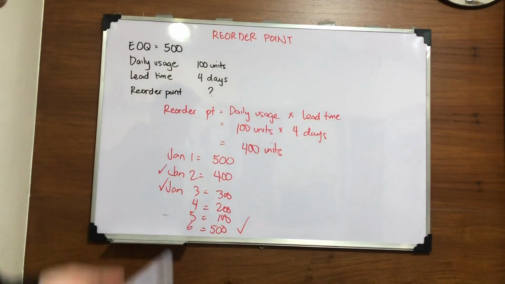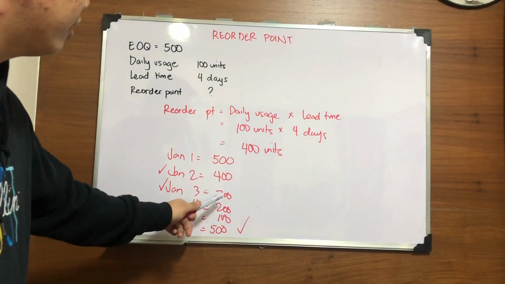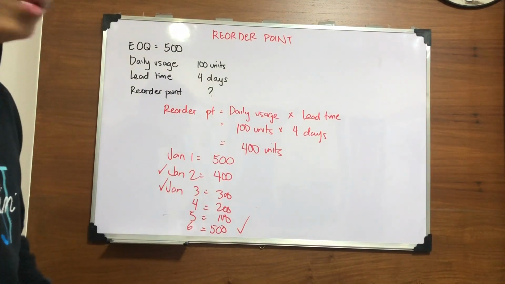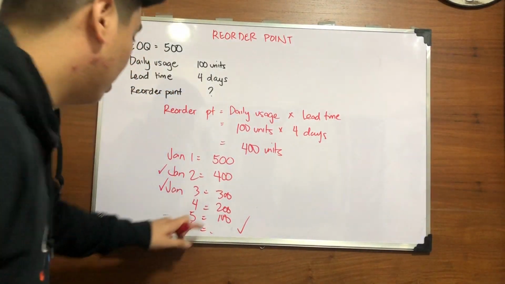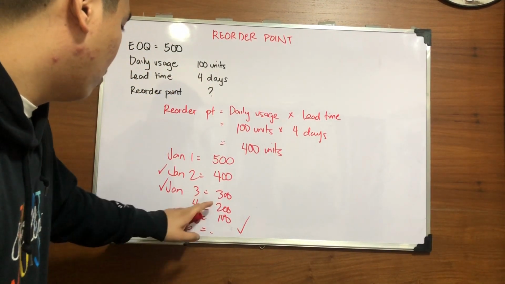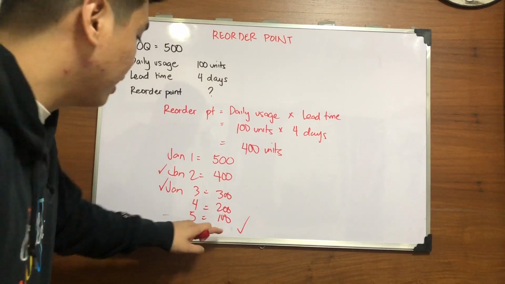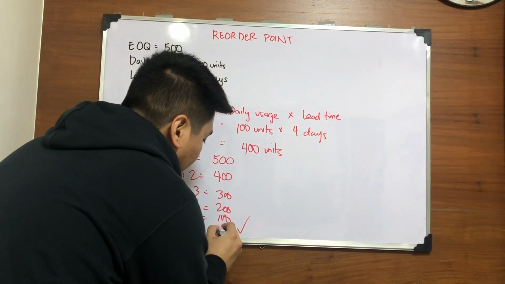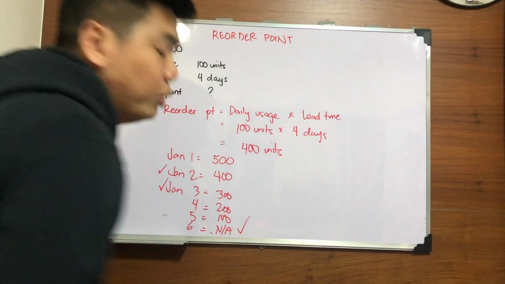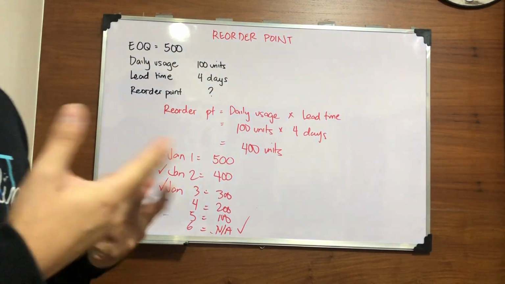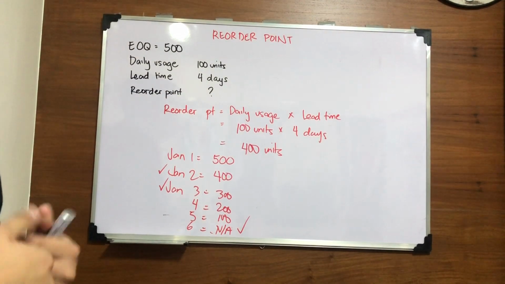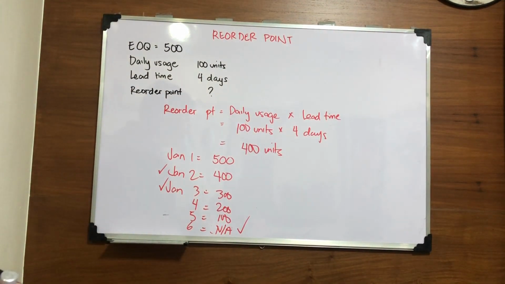But then again, if you're late, if you call on January 3 instead of January 2, count 4 days from January 3. 1, 2, 3, right? You would have a stockout here. It would be unavailable. So thus, your production would be disrupted and no sales would be generated.